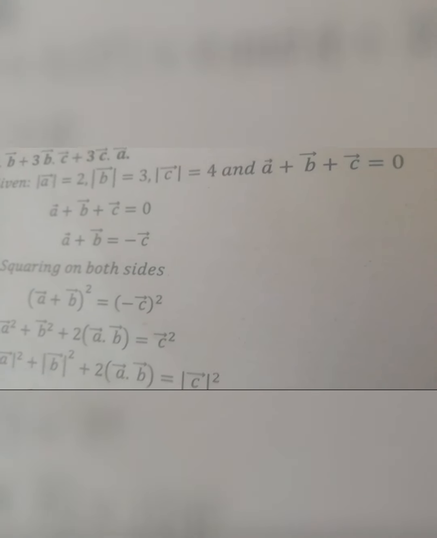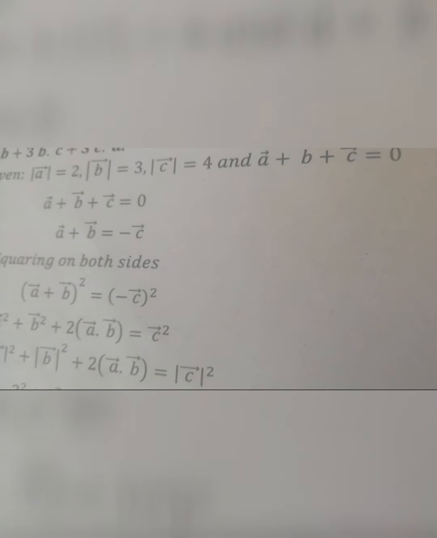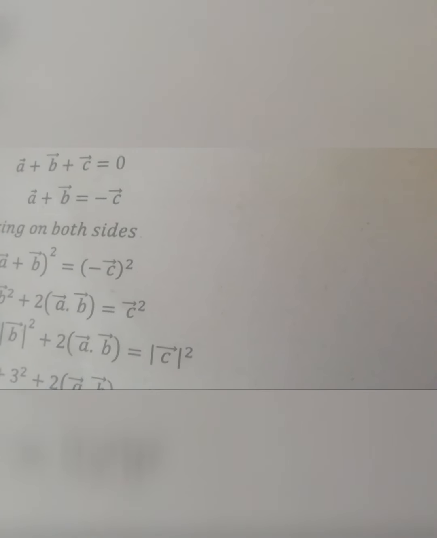How to find A dot B? They given the conditions A vector plus B vector plus C vector equal to 0. If you want A dot B value, we can keep A vector plus B vector in LHS and take out the RHS, which is C vector. So the C vector goes that side, and we get minus C vector.